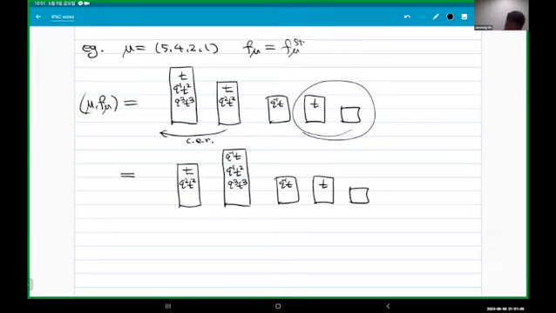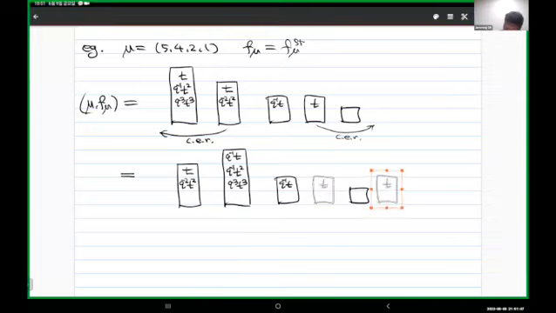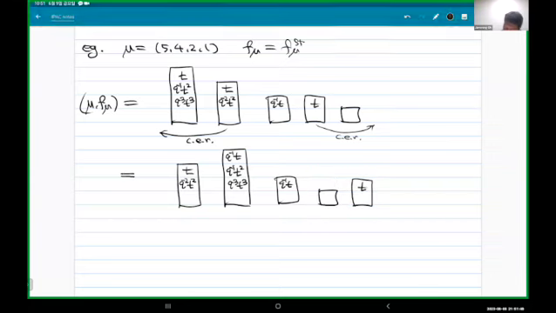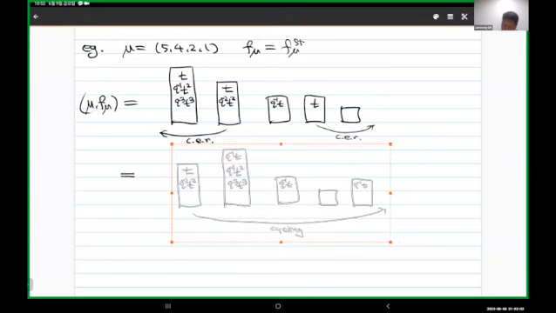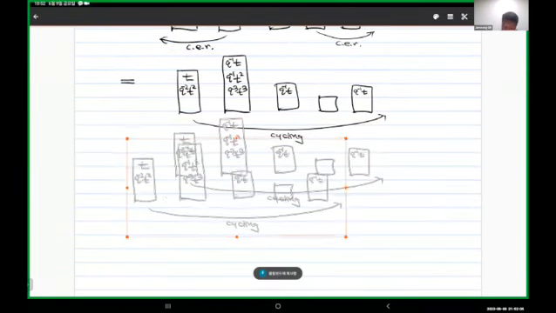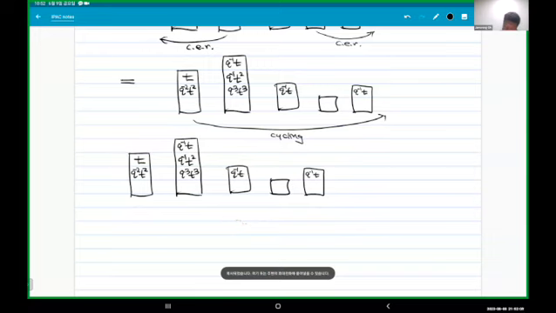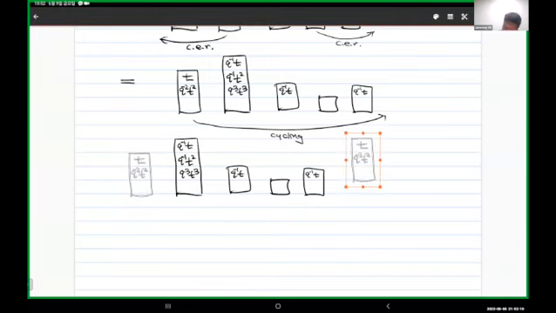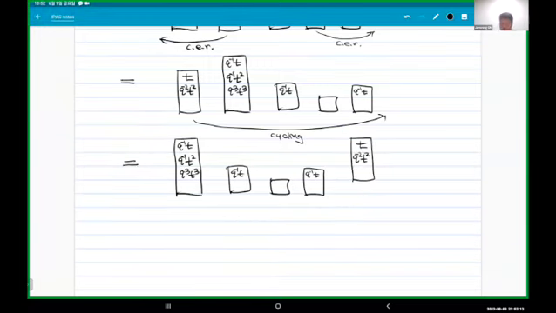We can also apply the column exchange rule for these two to obtain this new filled diagram, Q inverse times T. And then by applying the cycling rule to send the first column all the way to the right and place it one row up, we obtain this filled diagram.